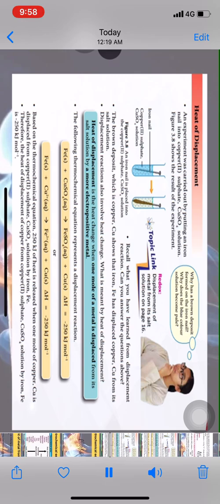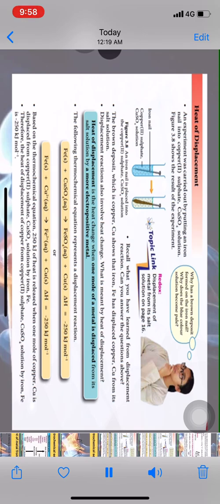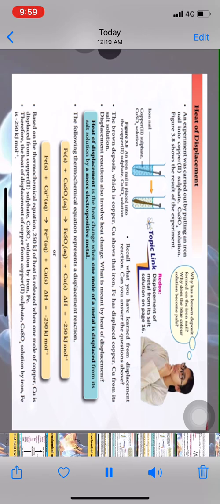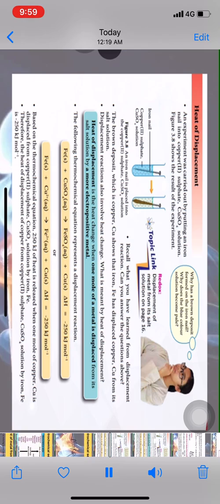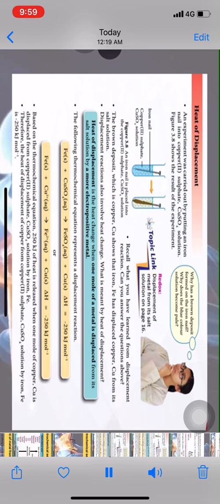from its salt solution. I repeat again: heat of displacement is the heat change when 1 mole of a metal is displaced from its salt solution by a more electropositive metal. The following thermochemical equation represents the displacement reaction.